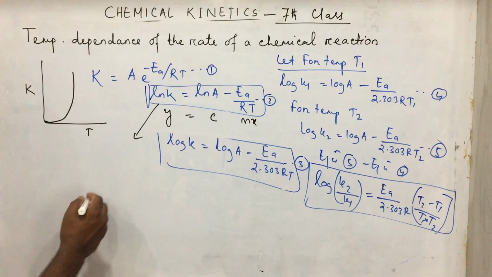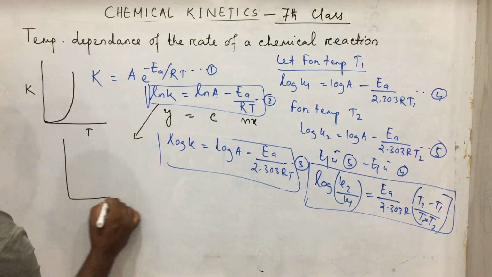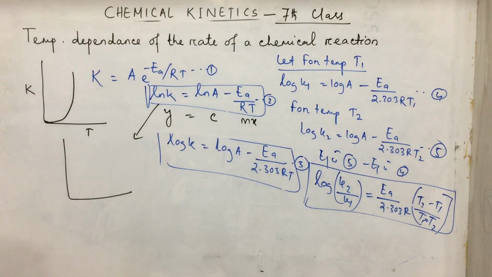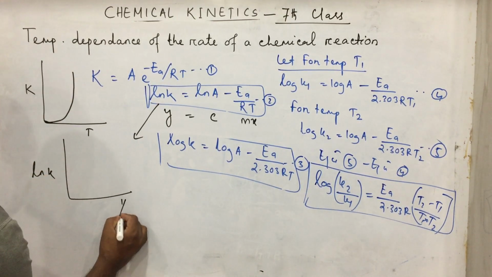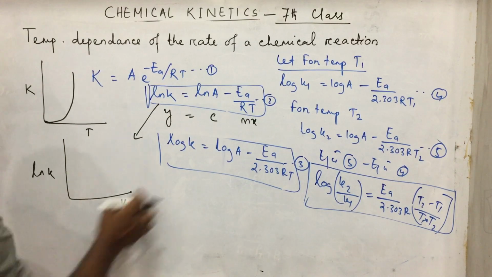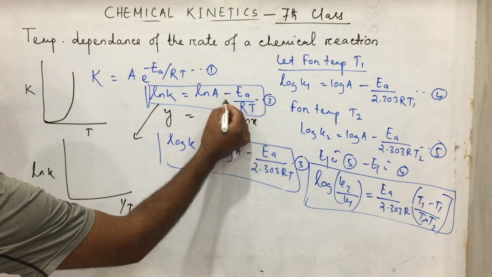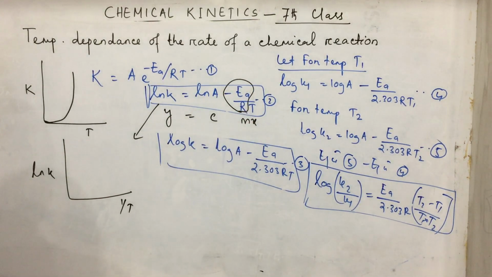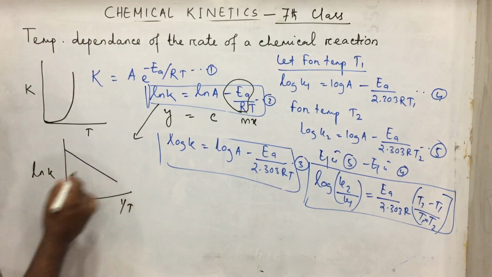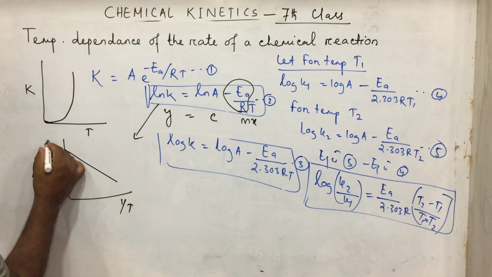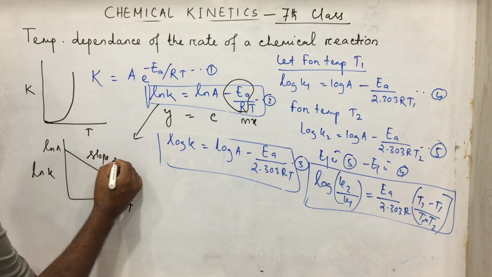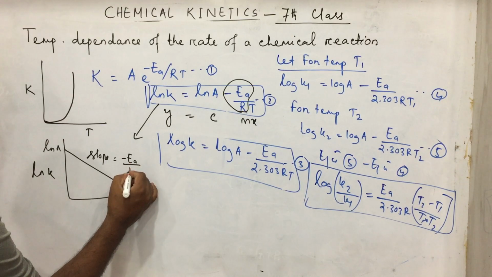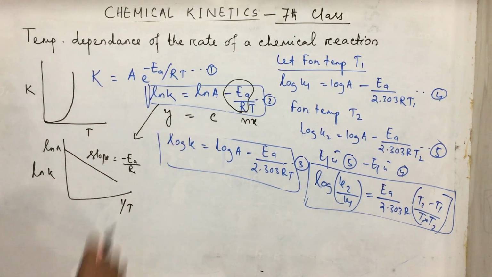So if we plot the graph from equation 2, that is ln k versus 1 by T. So this is our slope. So the graph will decrease. What is the slope? The slope tan theta equals minus Ea by R. The y-intercept is ln A.